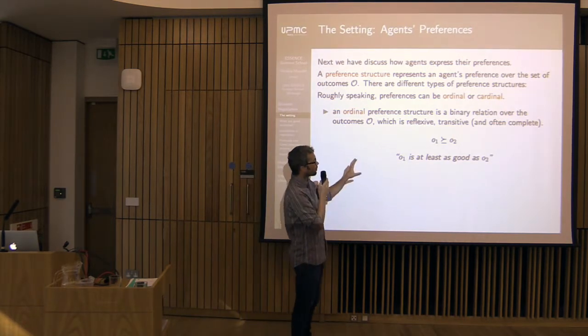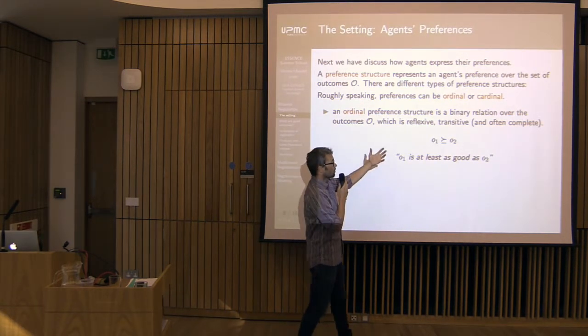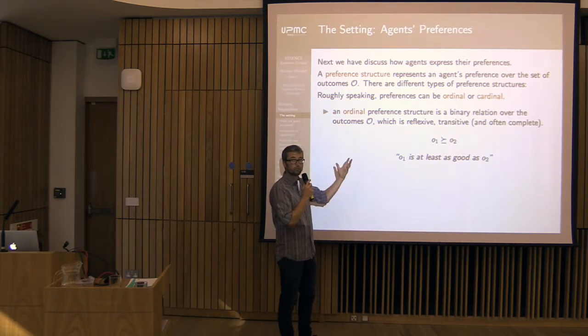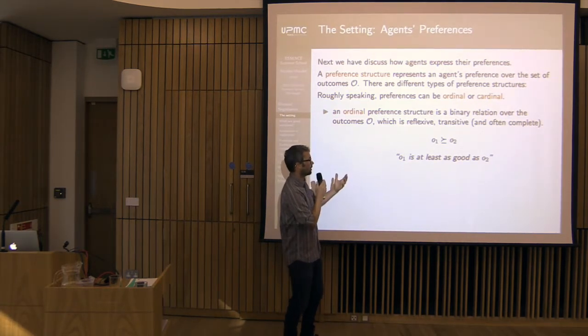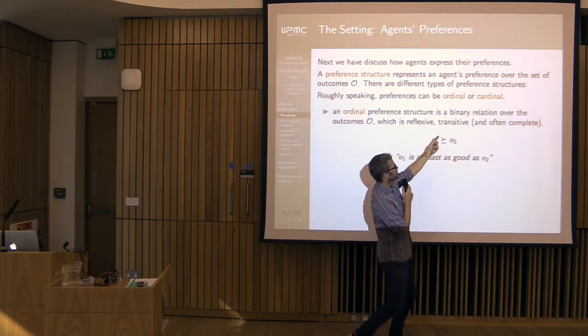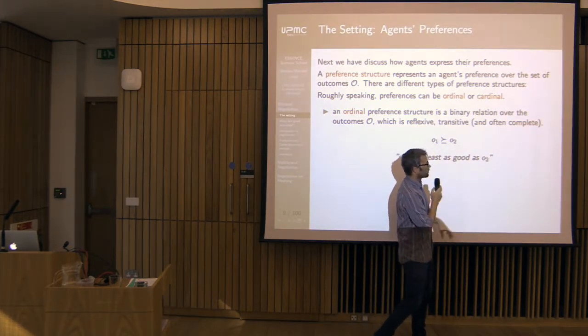One is the ordinal preference representation, where you just have an order. So the agent has just a binary relation over the outcomes that you can assess, evaluate, which is typically reflexive, transitive, you can argue about that, and often complete.